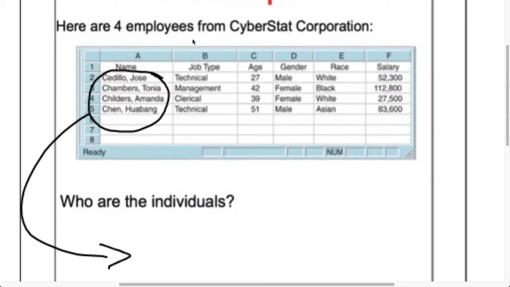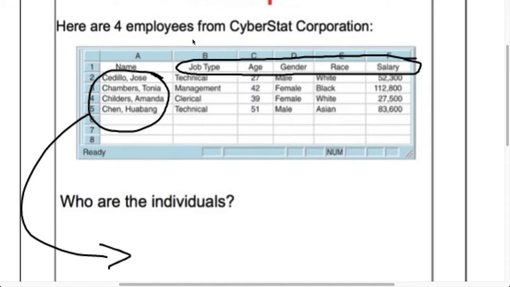Those are the four people that are being measured, and the variables in this case would be the different categories or characteristics that we are measuring them by. In this case, we are measuring them by their job type, age, gender, race, and salary. Those would be the five different variables that we have in this example.